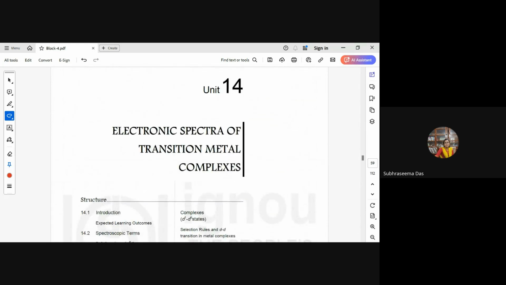Then coming to unit 14, that is, electronic spectra of transition metal complexes.